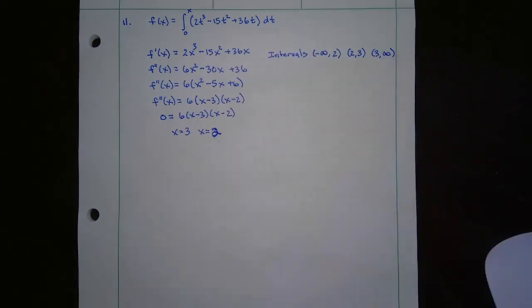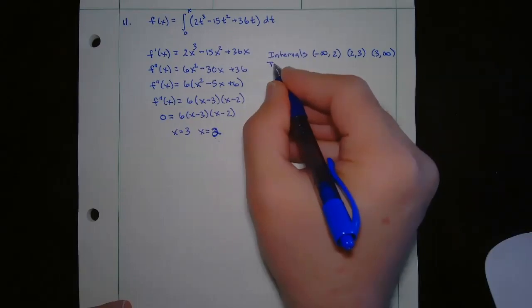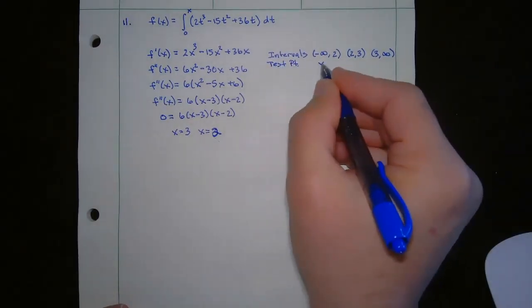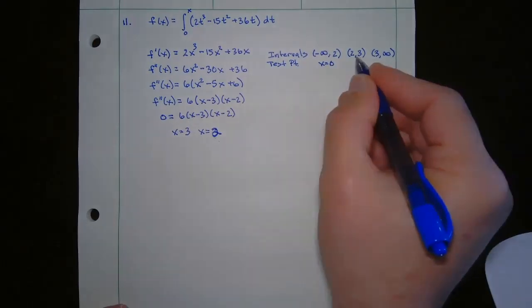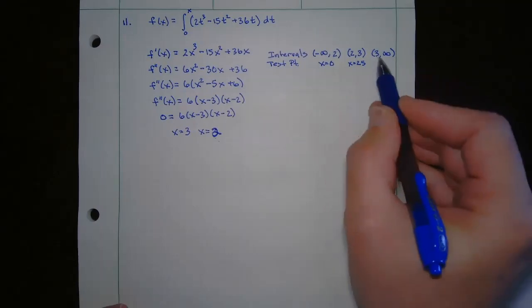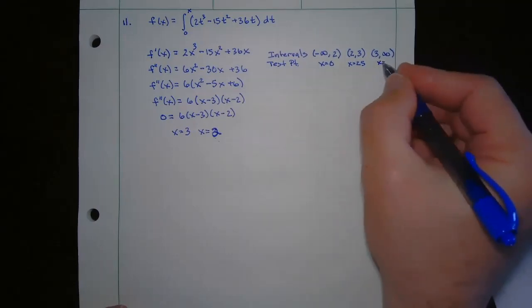Okay, now let's write our test points. A good test point in here would be x is equal to 0. In here, x is equal to 2.5. And then in here, x is equal to 4.